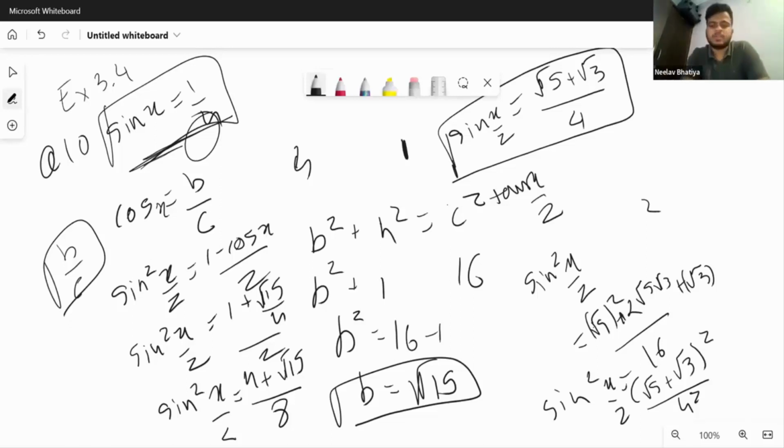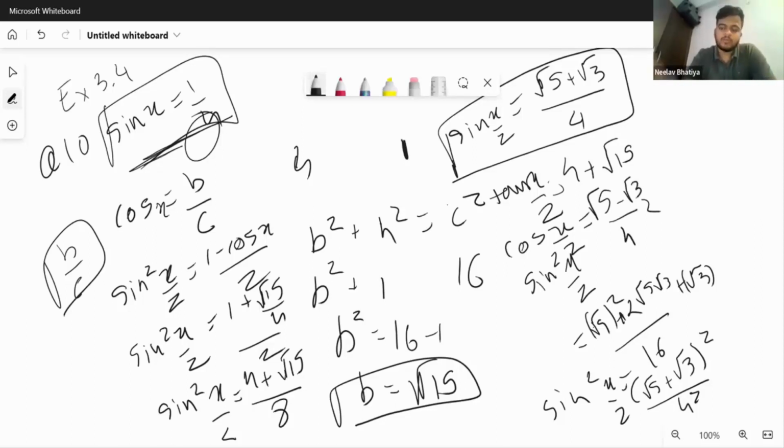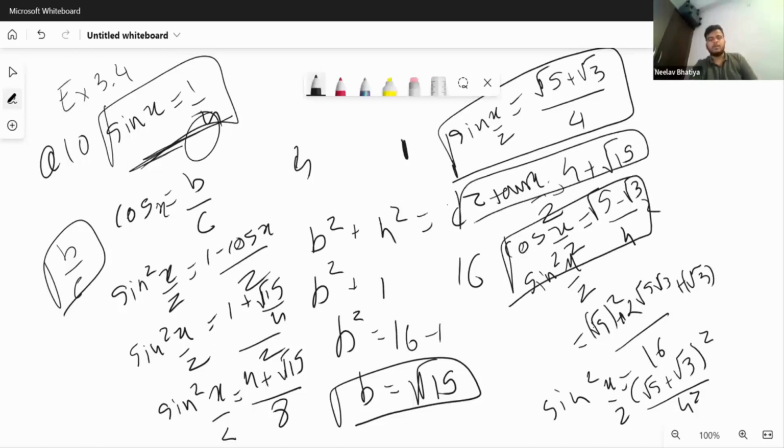So tan x by 2 is going to come 4 plus root 15, and cos x by 2 would turn out to be root 5 minus root 3 upon 4. Try to find out whether these answers are something that you get as well, because that is very important for you. But use these same formulations and you're going to get there, right?